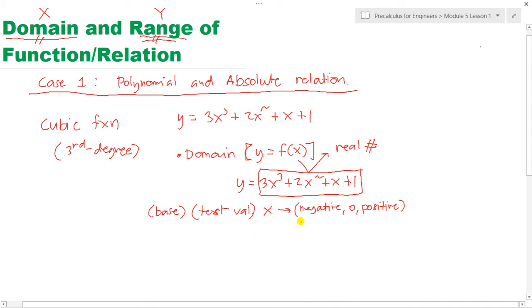And then, let's verify whether ang iyang output is a real number or not. For negative class, unsay output? Unsa man? For negative, if we substitute negative number to our function, the result is a unsa man? Real number or imaginary? Imaginary?